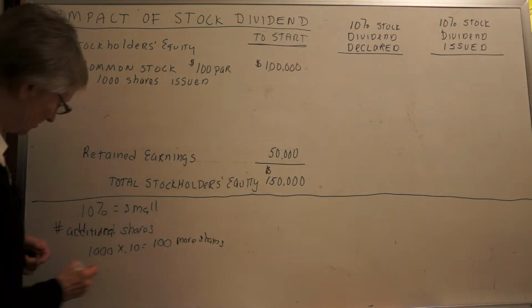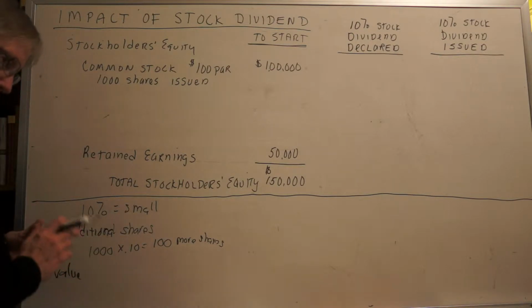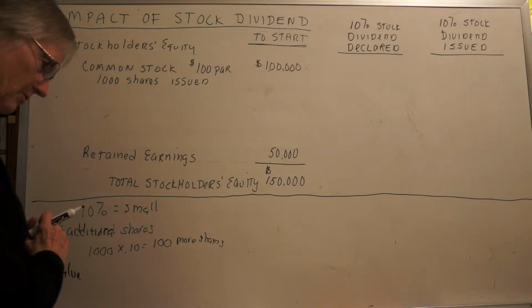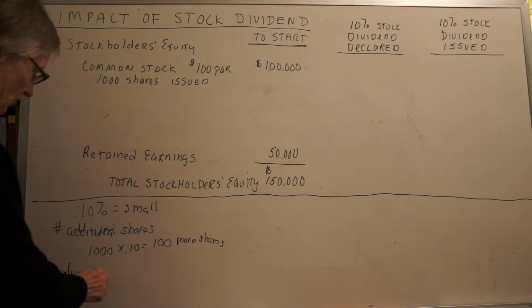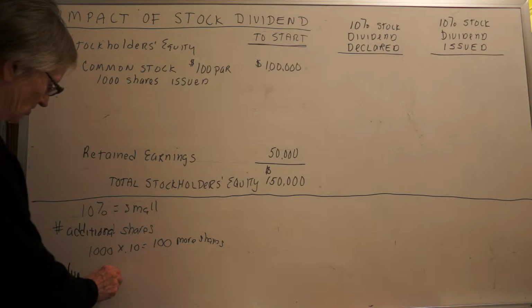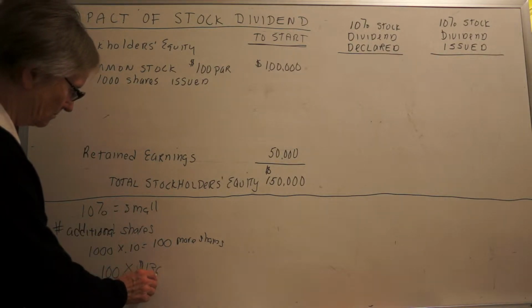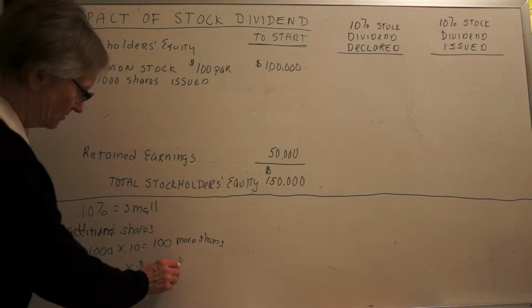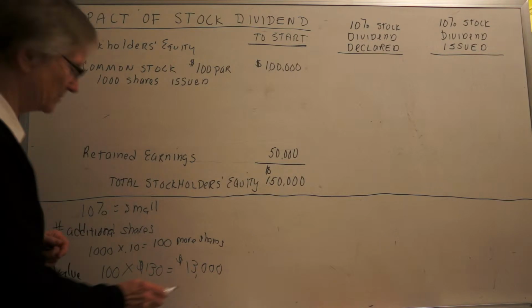And then we ask, what is the value of this? That's where the market value comes in. I think my example says the market value of the stock is $130 per share. So we would take those 100 additional shares we're going to issue times the $130 market value. The total value of this is $13,000.